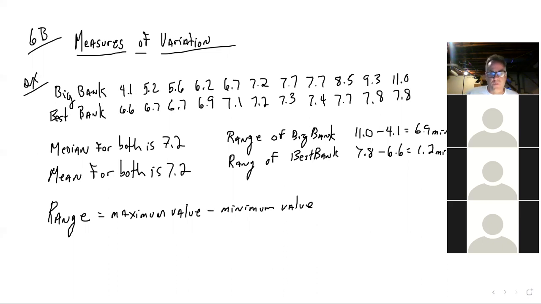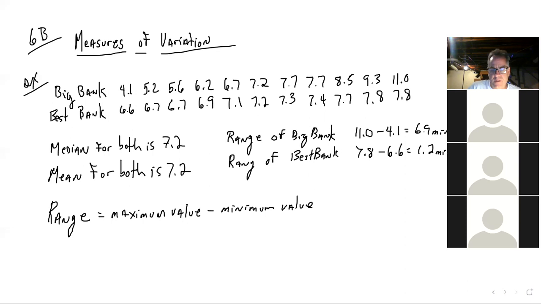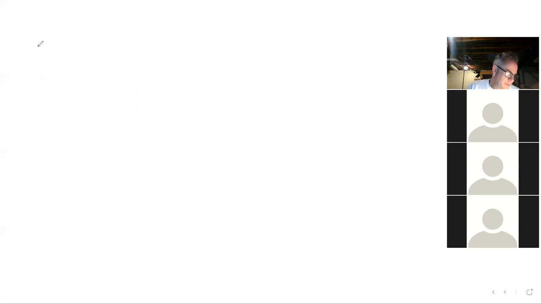So as an example of where range can be misleading, let's say we have some quiz scores.